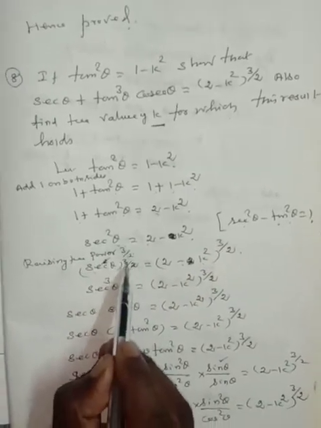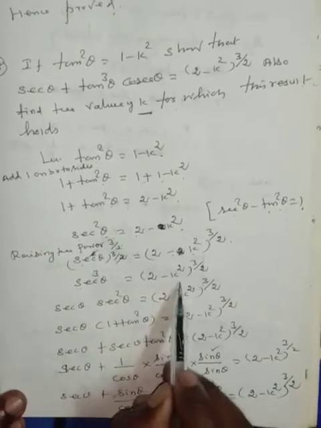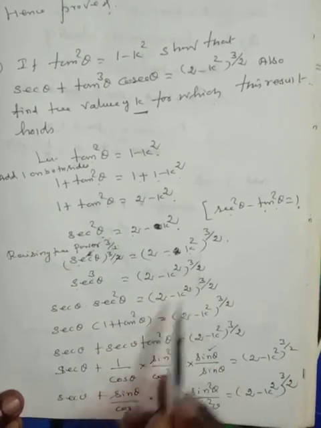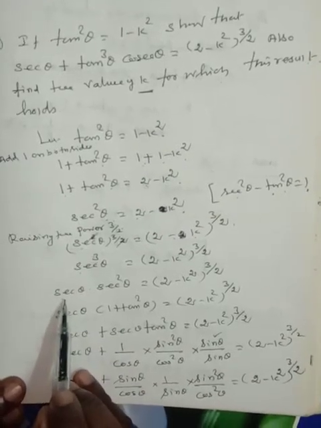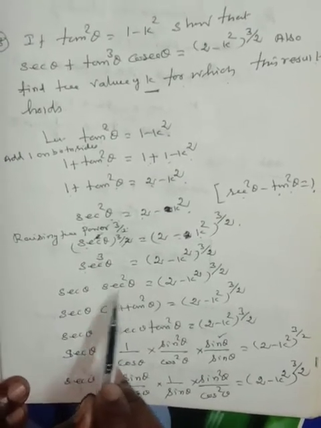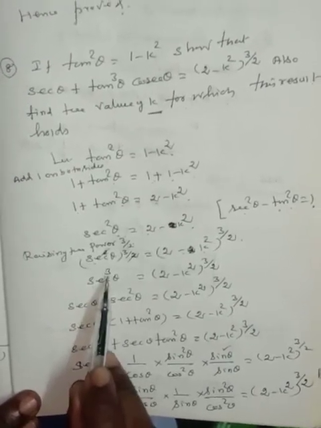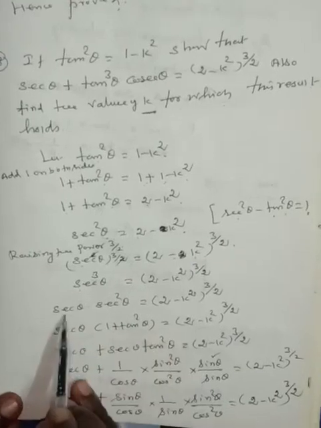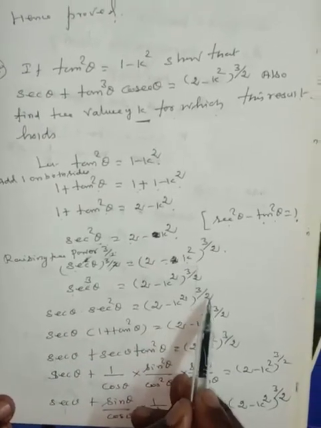The 2 cancelled, power 3. So secant power 3 theta is equal to 2 minus k square whole to the power of 3 by 2. Secant power 3 theta can be written as secant theta into secant square theta: power 1, power 2, adding the powers we get secant power 3 theta.